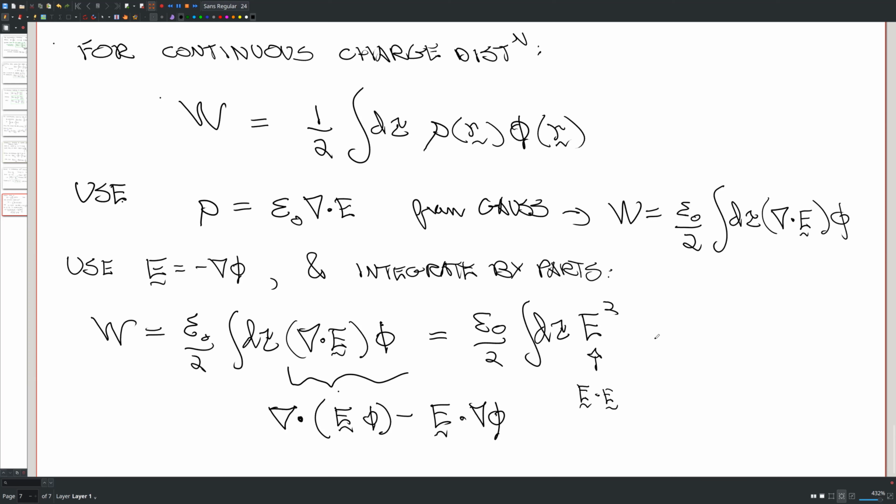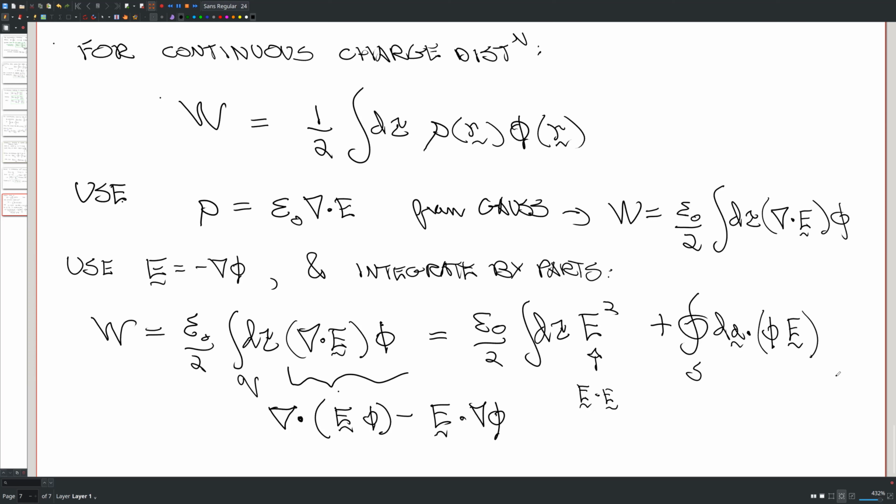And then by using the divergence theorem on this term here, if I have a certain volume, then I will get an integral over the surface of this volume of just the element here, phi times E. And then there's a dot in here, right?